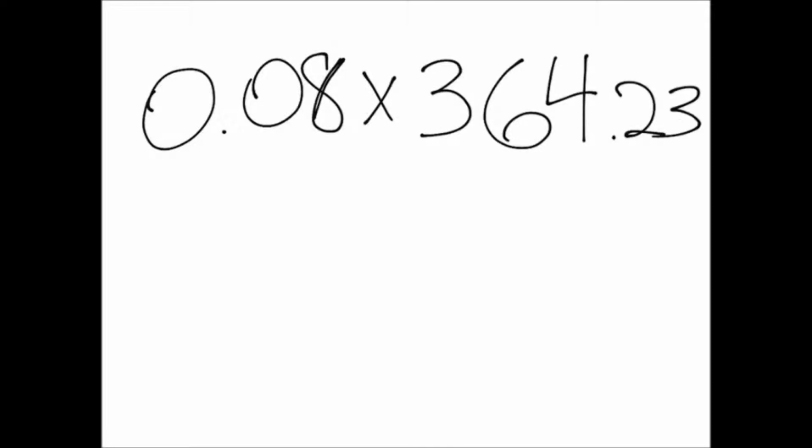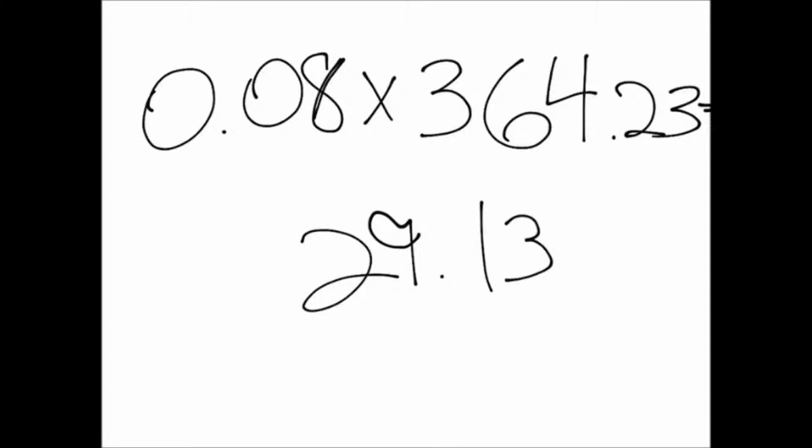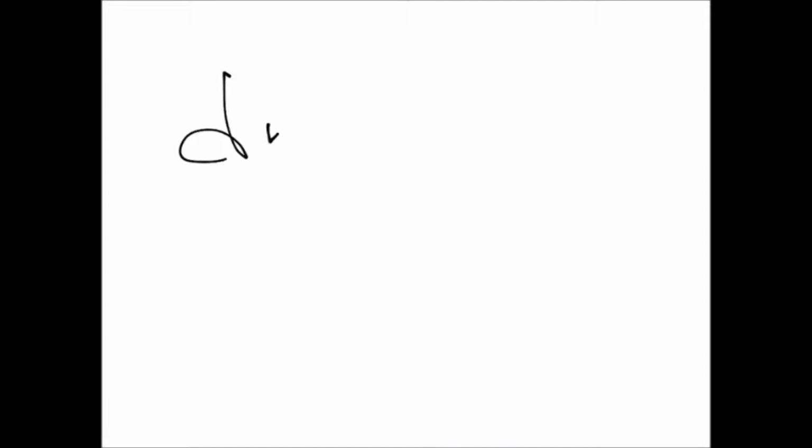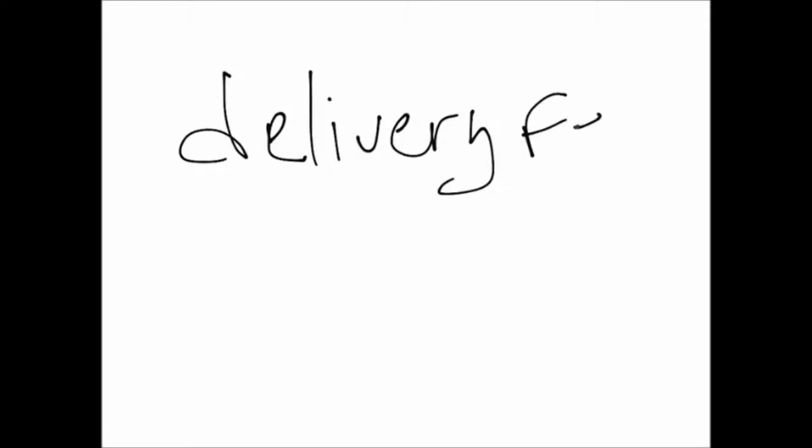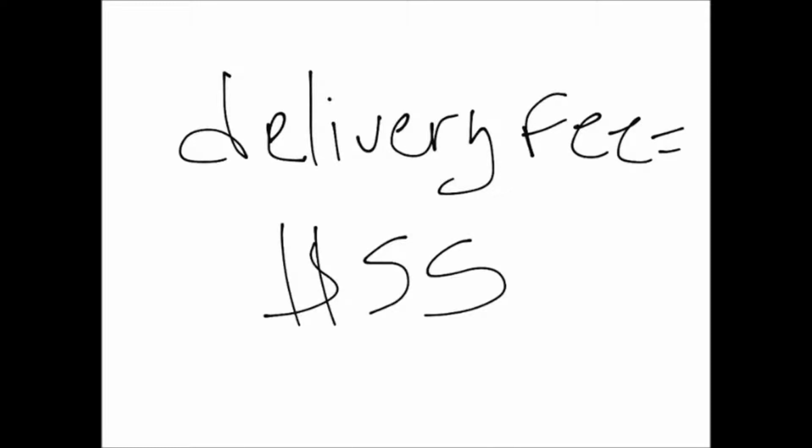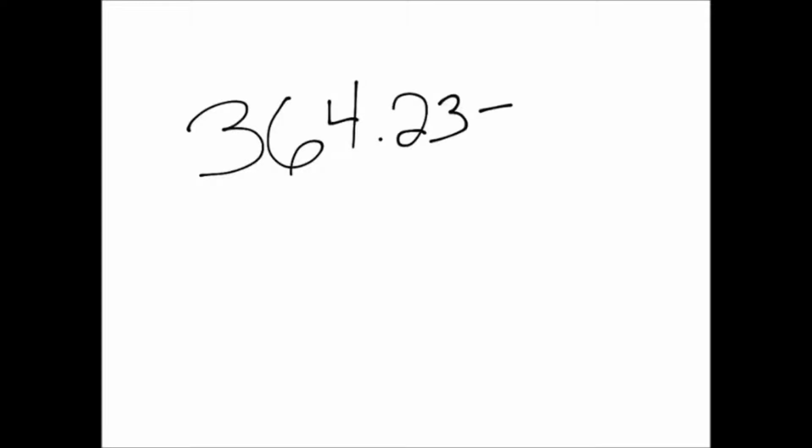So it would be 0.08 times 364.23, and that would equal 29.1384. Now at the very end we're going to round it, so don't worry about that right now. And the delivery fee stays the same. So that still equals $55.